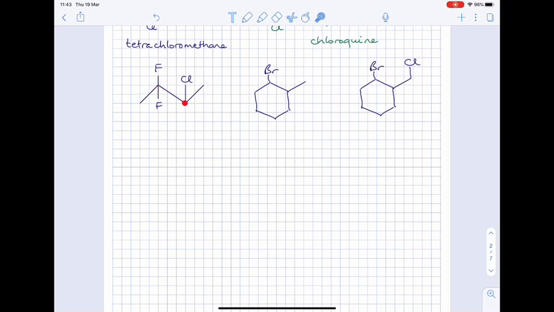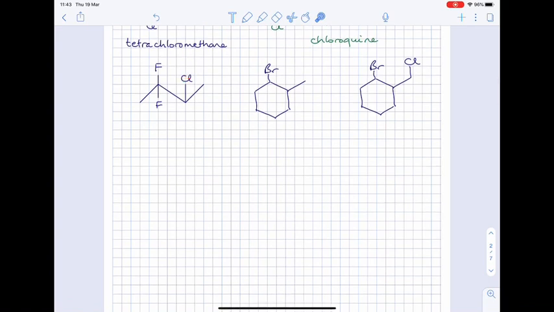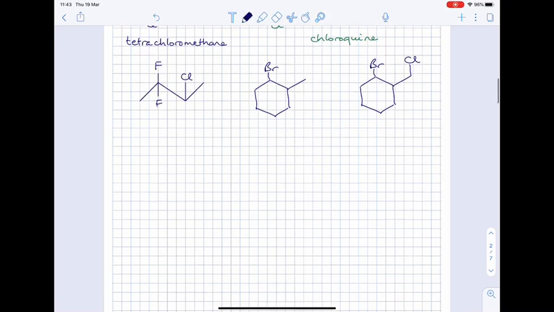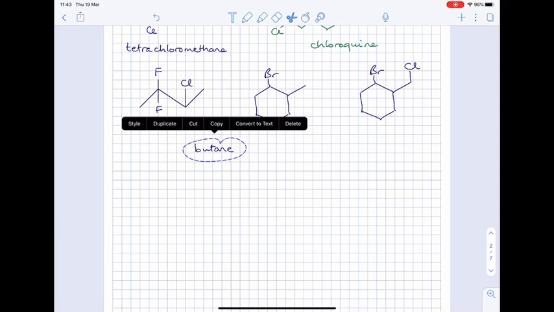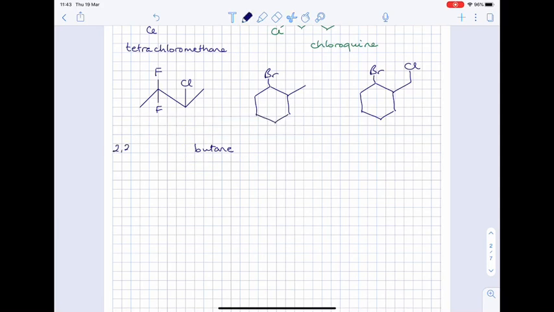has 1, 2, 3, 4 carbons, so that's based on butane, and there are 2 fluorines on the second carbon from the left and 1 chlorine on the third carbon from the left, or we can count the other way. So there's 2 possible ways to name this. So we can call this butane, and if we count from the left to right, it would be 2,2-difluoro. I'm going to give myself a bit more space. So 2,2-difluoro.